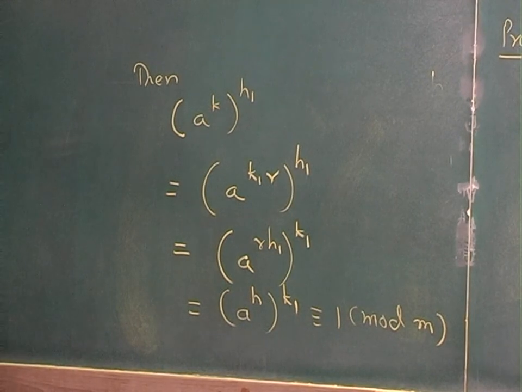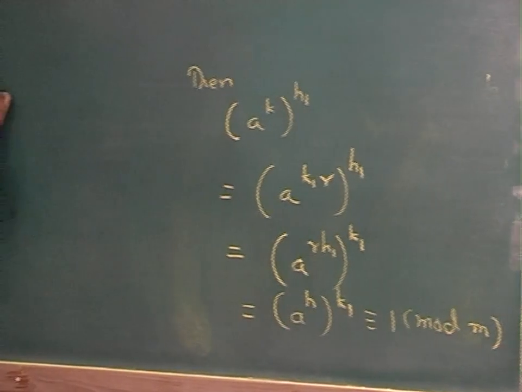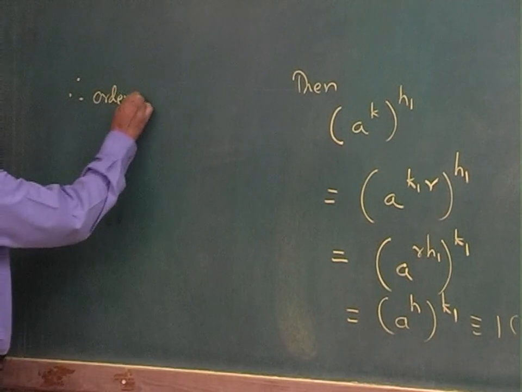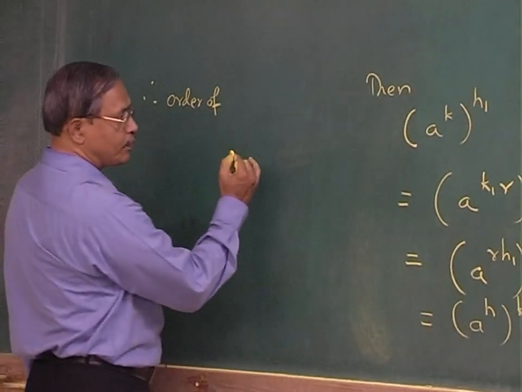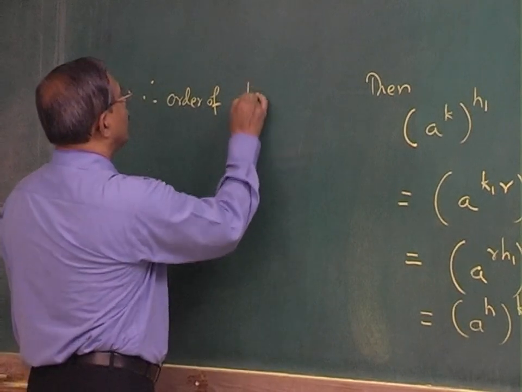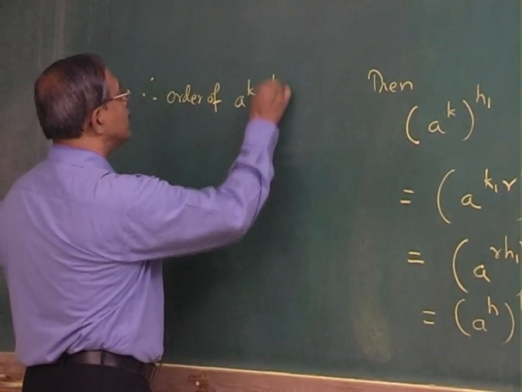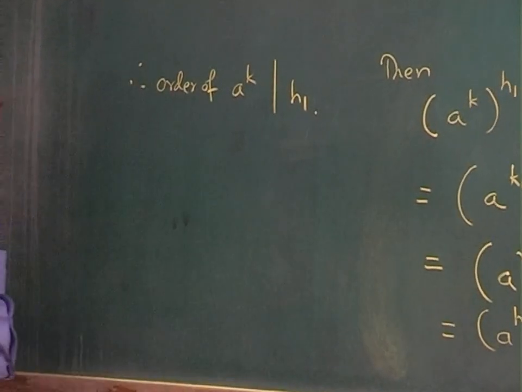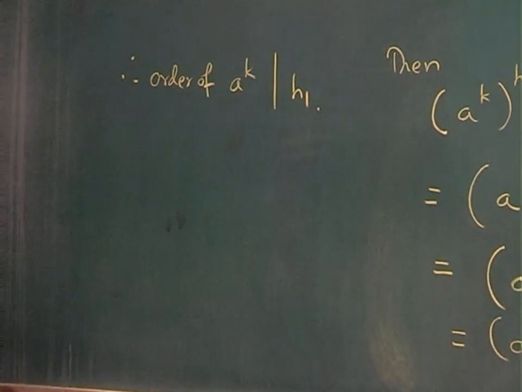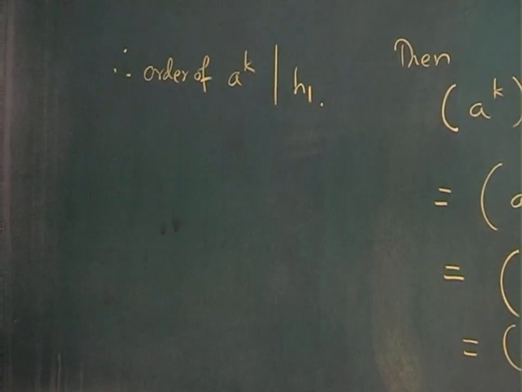And therefore the order of a raised to k mod m divides h1.